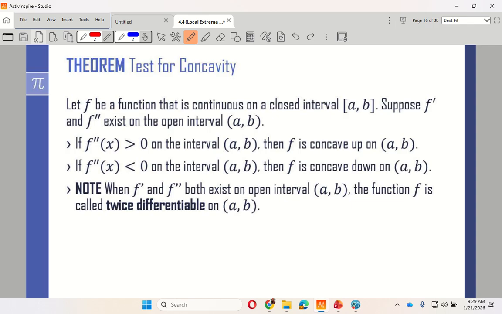Okay. Here's my hands, right? Second derivative equals 0. That's where my fingers come together in the middle. This over here is all concave up. This over here is all concave down, right? So I check my points where my slope is equal to 0. That's my min and max, right?